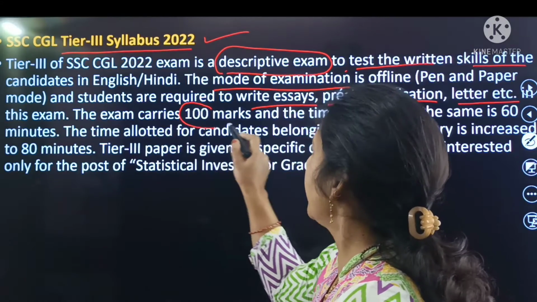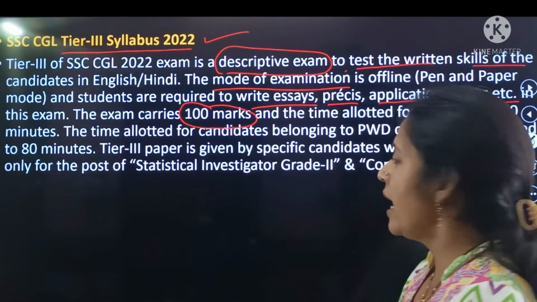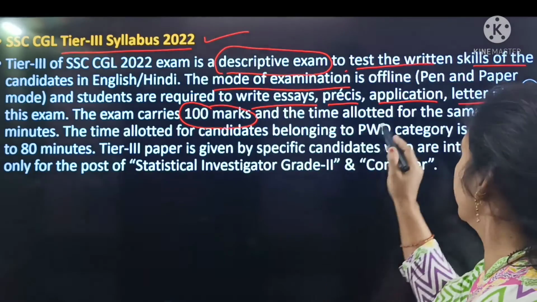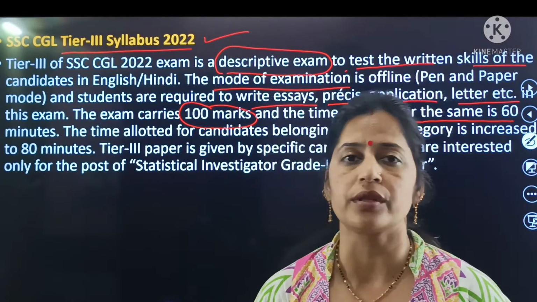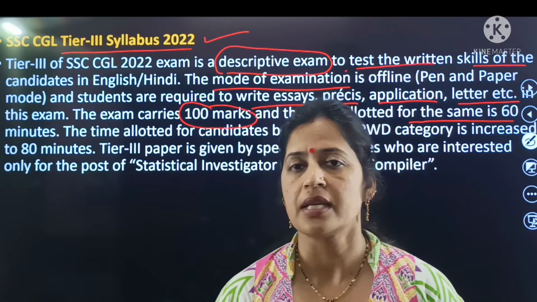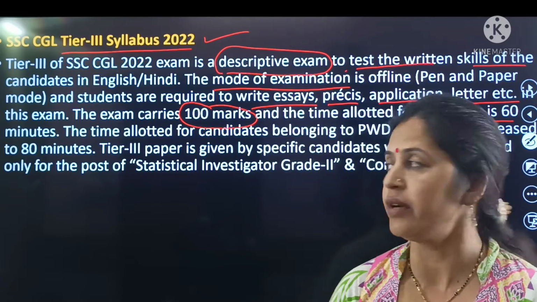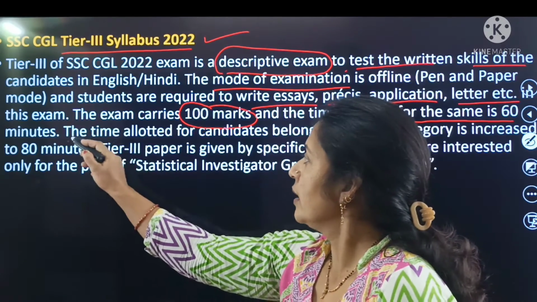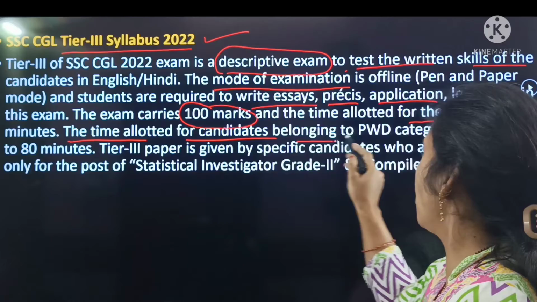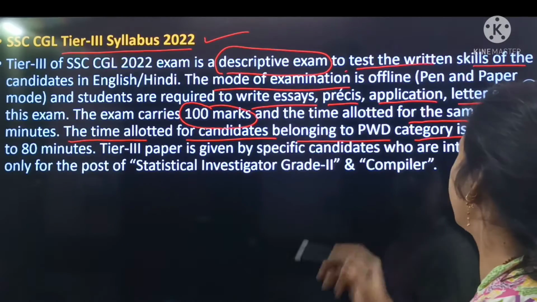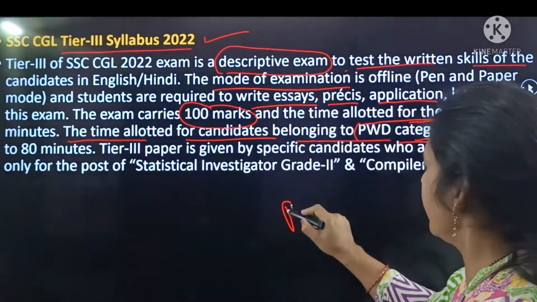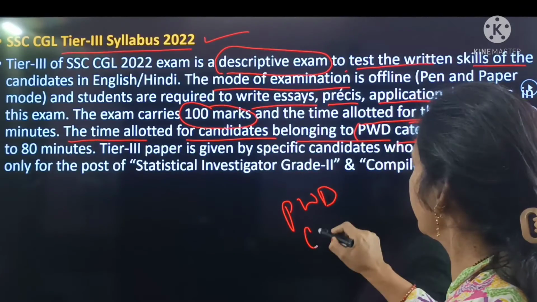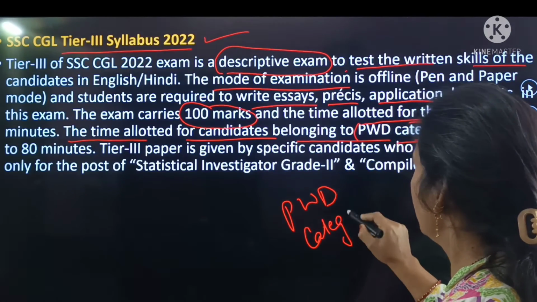The time allotted for this exam is 60 minutes. The time allotted for candidates belonging to the PWD category is special.